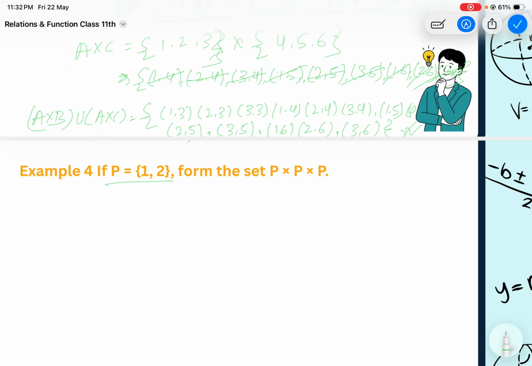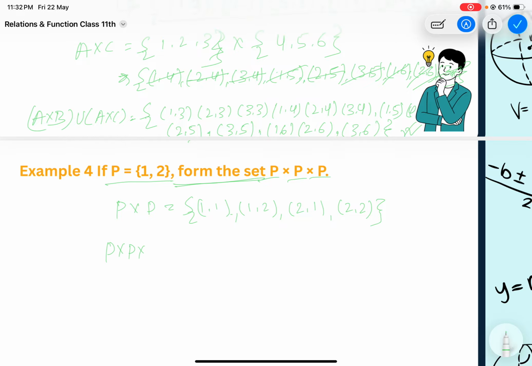Now example 4, if P equal to 1, 2, form the set P into P into P. So first we will form P into P. What we will get: 1 comma 1, 1 comma 2, then 2 comma 1 and 2 comma 2, right?